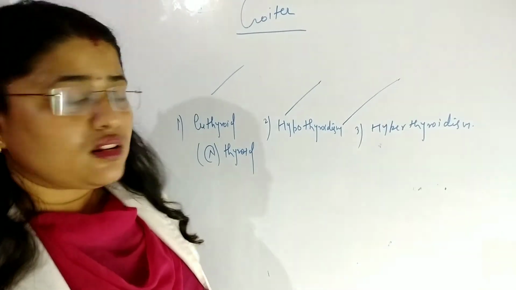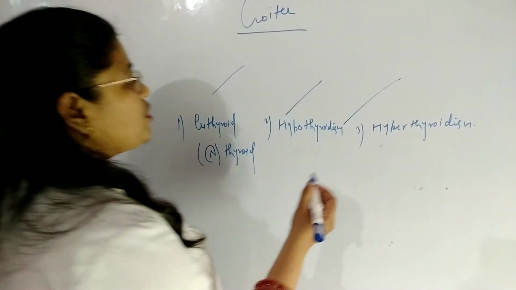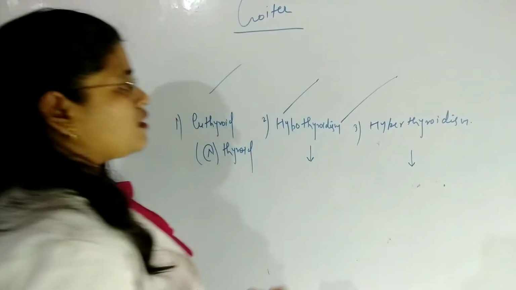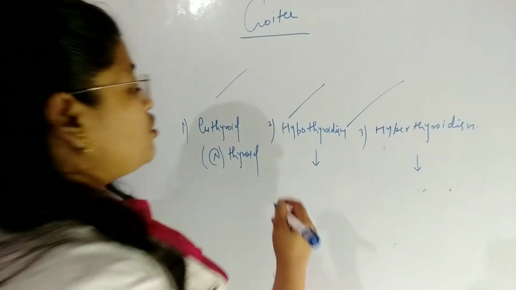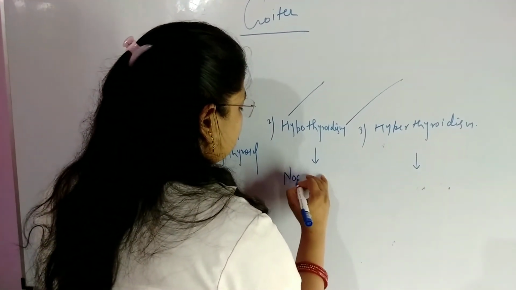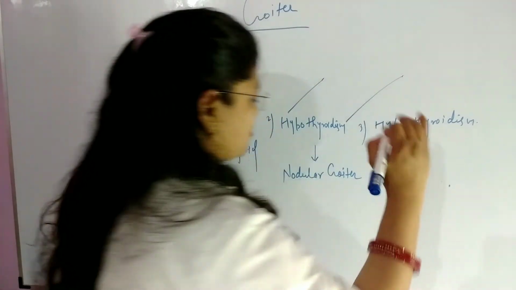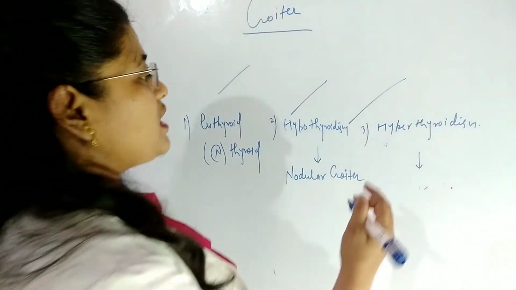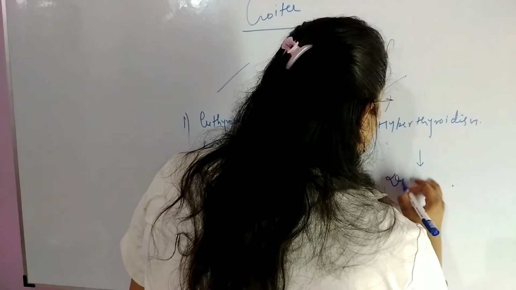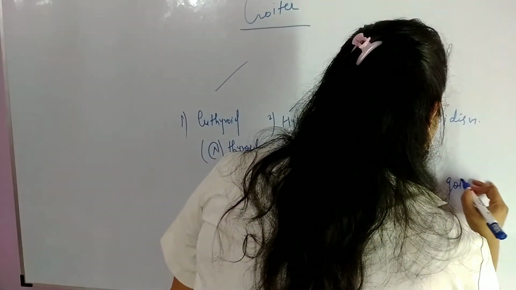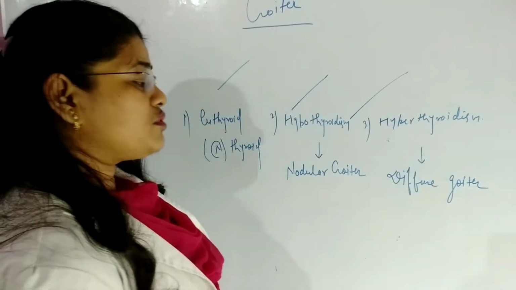Now in hypothyroidism, nodular goiter may develop, and in case of hyperthyroidism, diffuse goiter is produced.